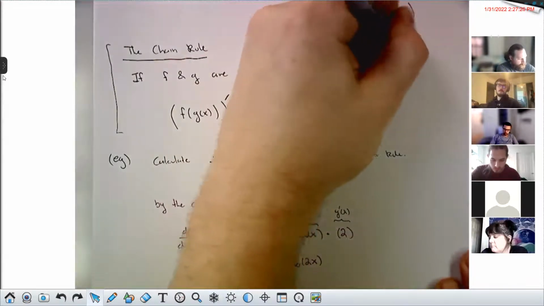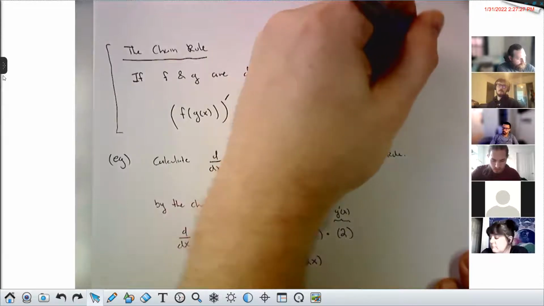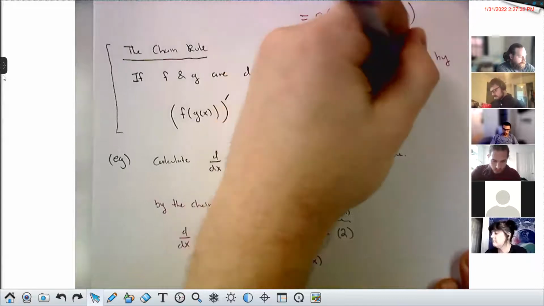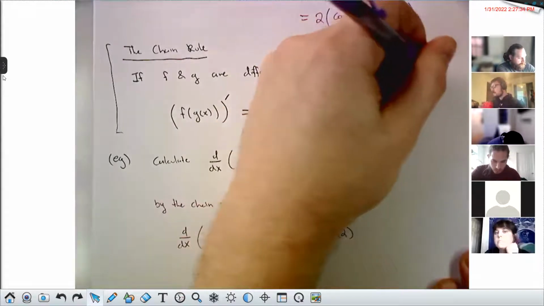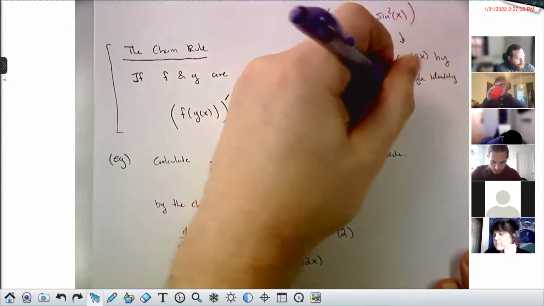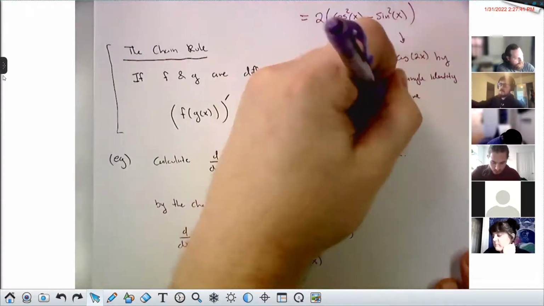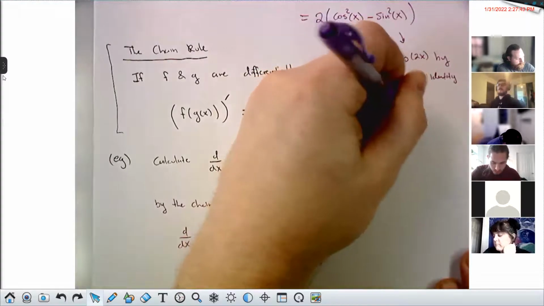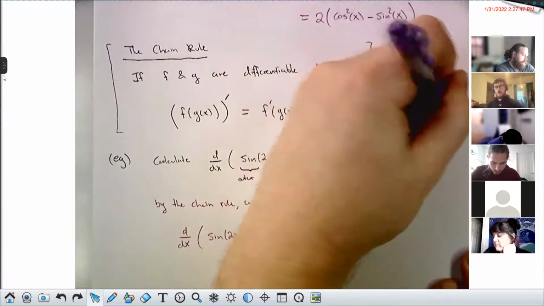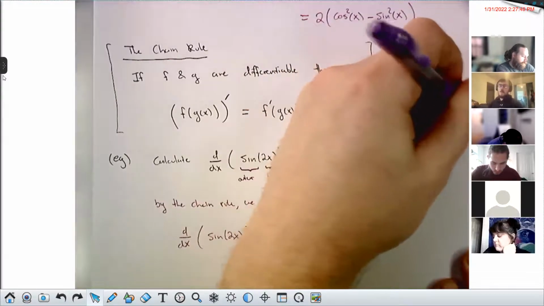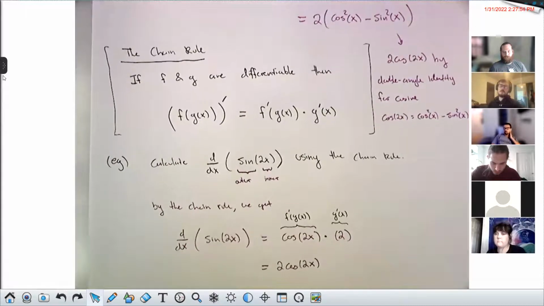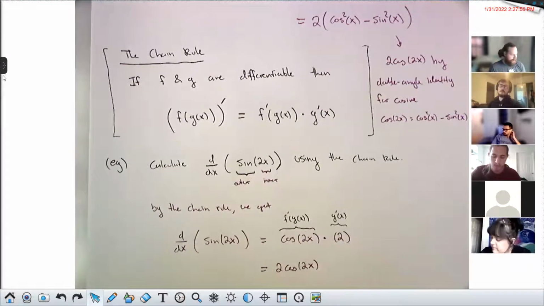This really is 2 cos 2x by the double angle identity for cosine. It says cos of 2x is cos squared x minus sine squared x. So it doesn't look like it, but we actually got the same answer both ways. The trick to seeing that is the double angle identity.